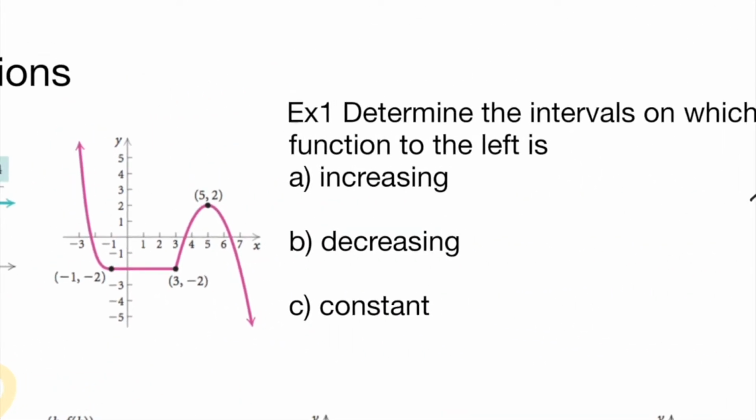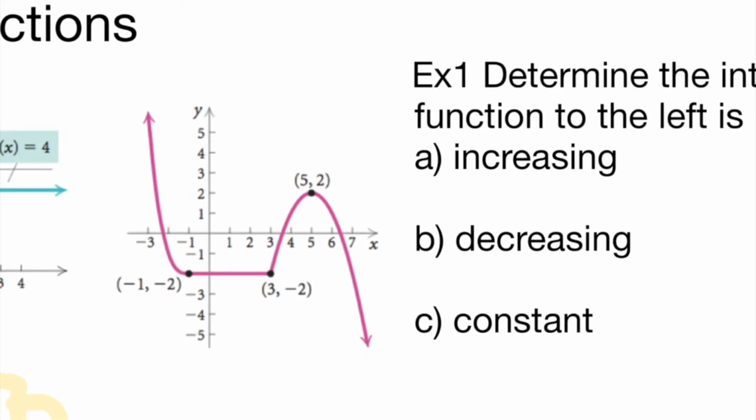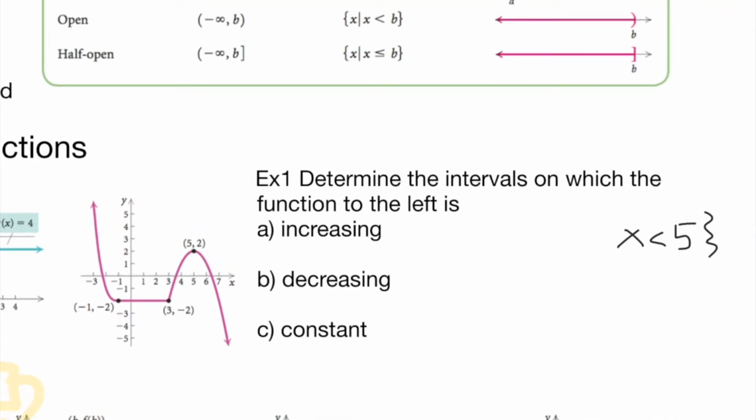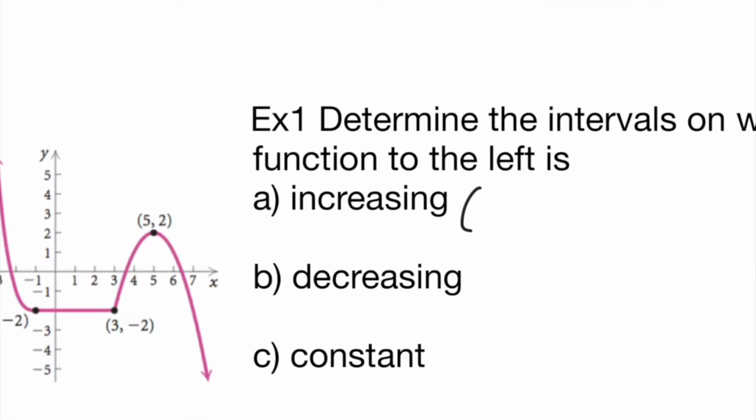And here, sometimes they'll have just some sort of wonky, undefined function. At least you don't have a formula, but you still have the graph and you can figure out which is increasing. It's increasing here only in the very middle. So we can say that it is increasing from 3 all the way up to 5, parentheses. It's decreasing from negative infinity all the way up to negative 1.